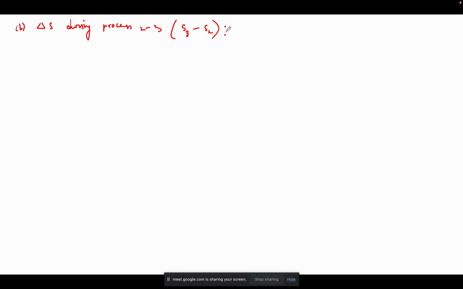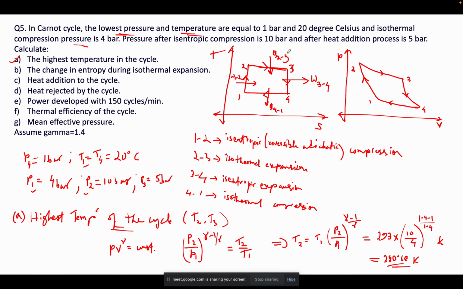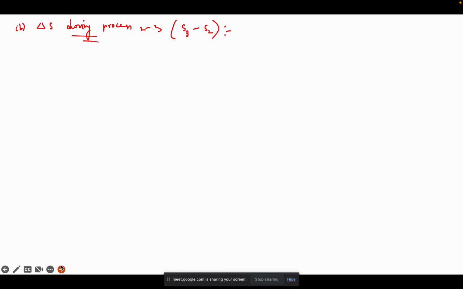Now this 2 to 3 process is basically a reversible isothermal process. Whenever there is a reversible process, we can express Q is equal to T dS, or T delta S. This is valid for a reversible process. Why is this a reversible isothermal process?